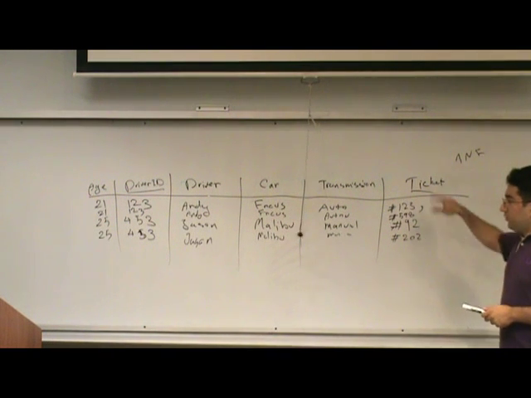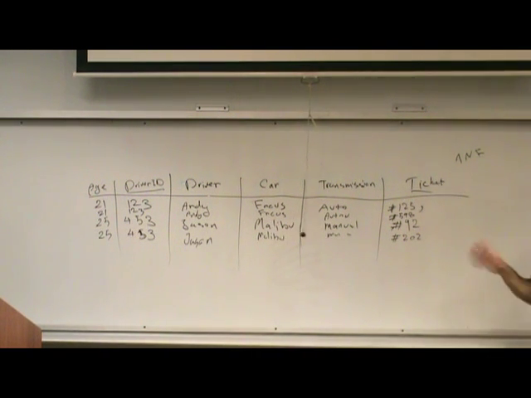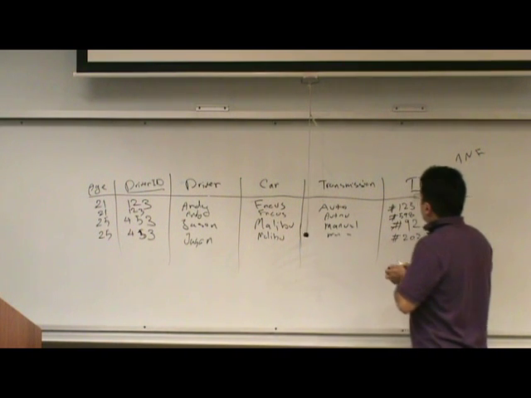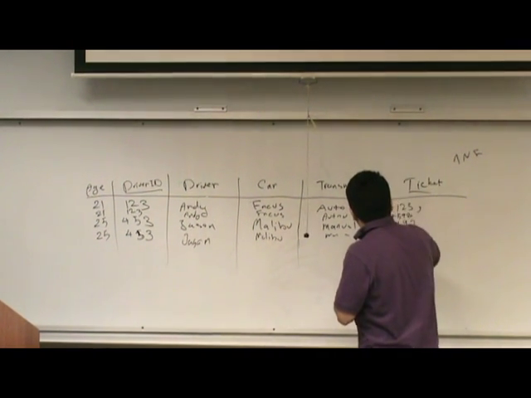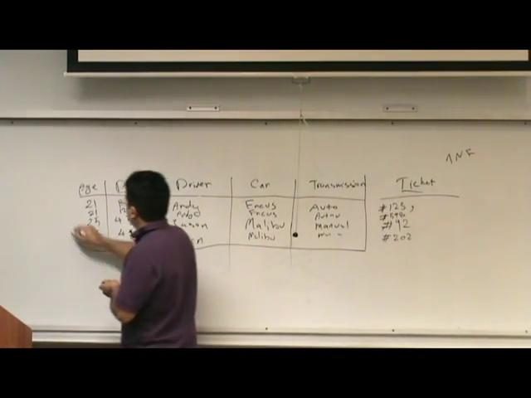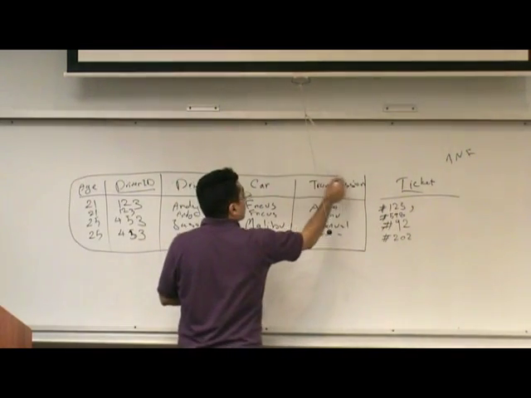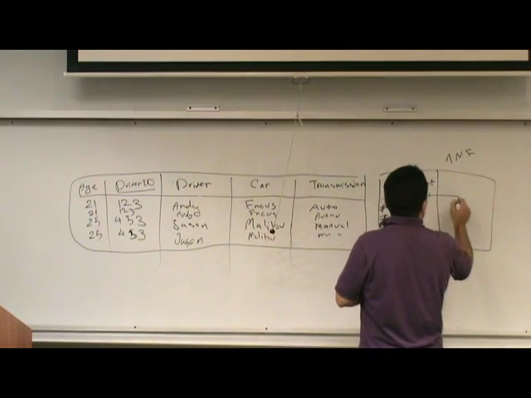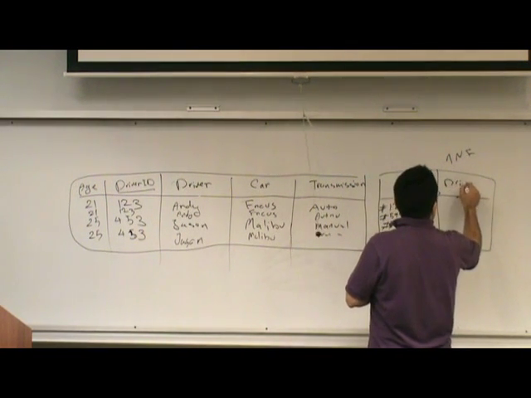Okay, in order to make it second normal form, what should I do? Driver table and driver ID and ticket should be separate. Right, exactly. So I will remove this. This will be one table, and this will be another table. Driver ID.